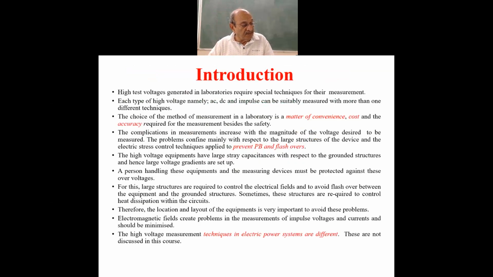We have discussed most of these points. Another, as I said, when you apply a voltage on a test object, you would like to make a continuous measurement. That means at every instant, you must know what is the voltage being applied.